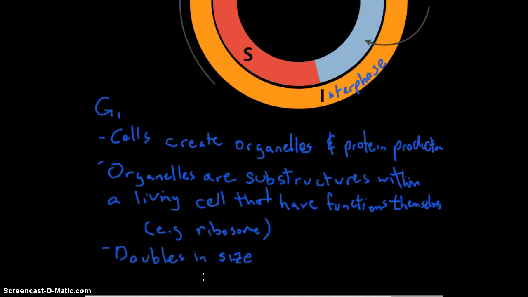So remember, in order for the cell to actually create an exact copy of itself, it has to make double of everything, including its size, before it can divide into two evenly sized cells.